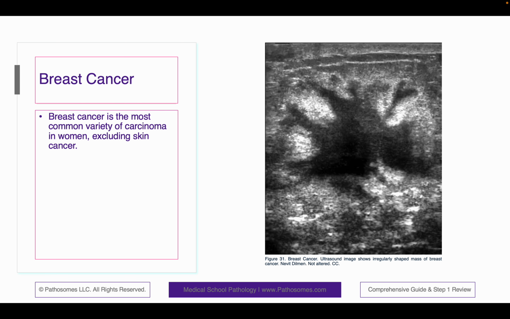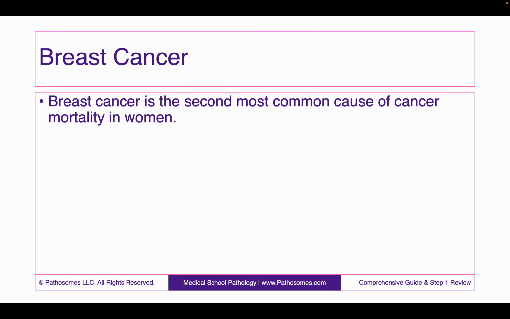Now let's talk about a very concerning entity, very common entity, breast cancer. Breast cancer is the most common variety of carcinoma in women, excluding skin cancer. Breast cancer is the second most common cause of cancer mortality in women.